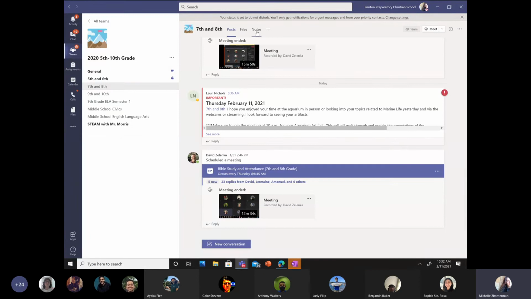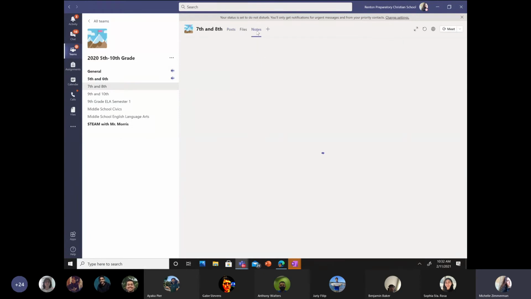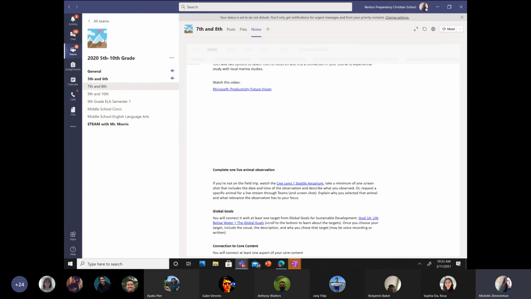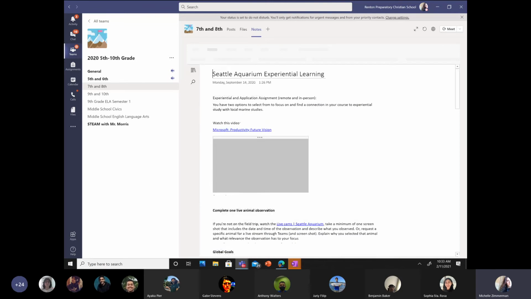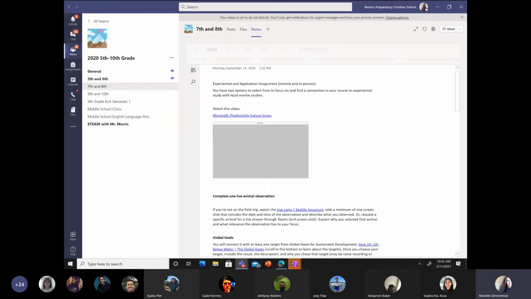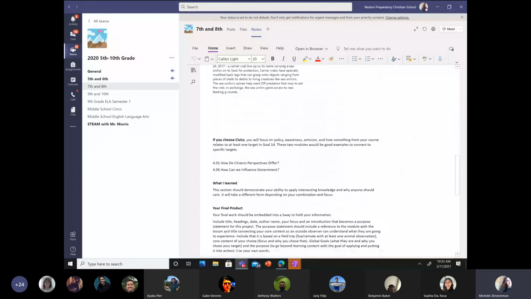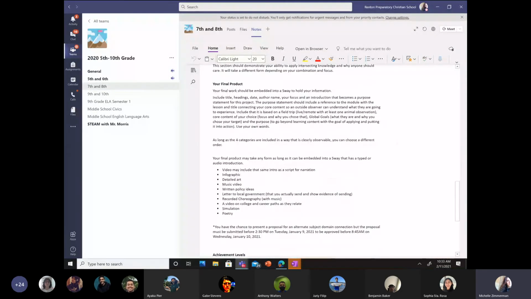You go to Notes. In Notes, you will find more detailed instructions and examples specific to 7th and 8th grade. And there are some of the specific examples of modules that you might choose to use in yours.